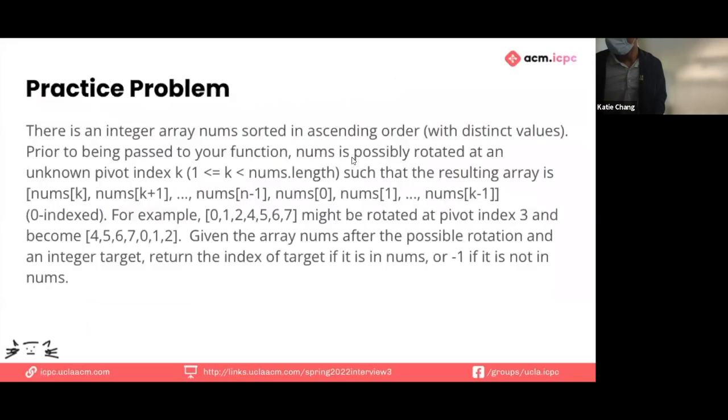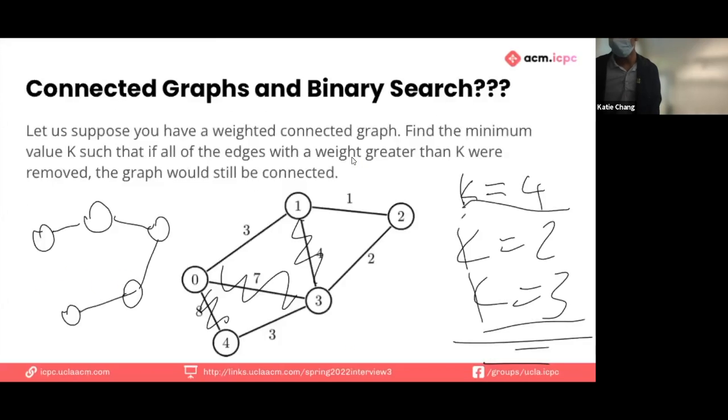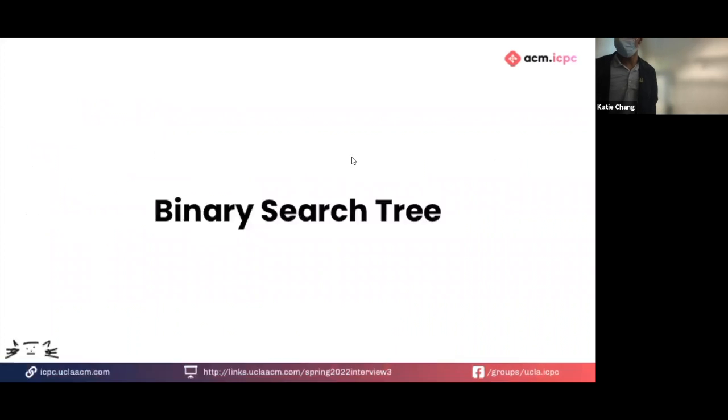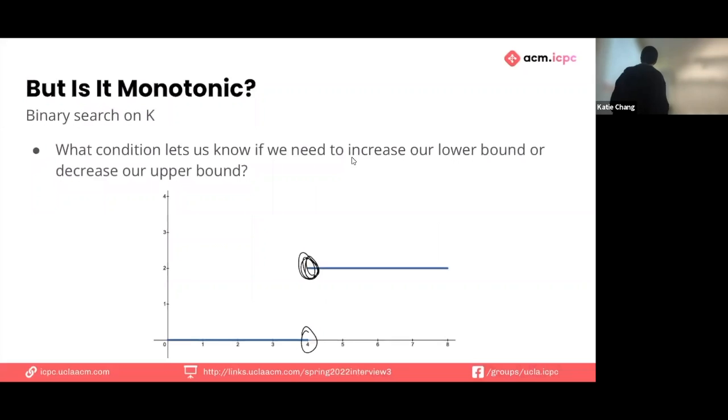But what if the element does not exist? Or what if we're using functions where it's not exactly going to be integers? The reason I bring that up is because in this case, if we were to have picked 4 at the very beginning, we know that 4 is valid, but we're not sure if 4 is actually our solution.